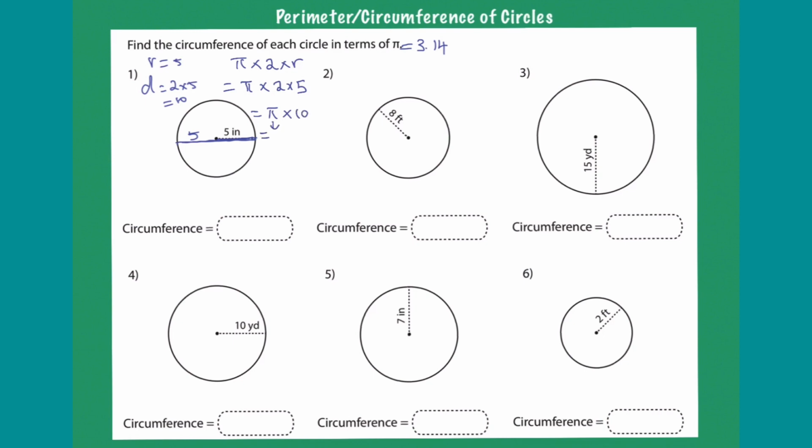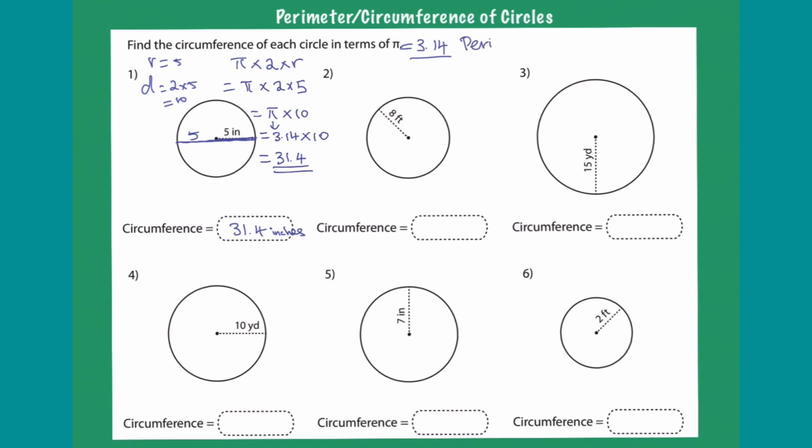Pi equals 3.14, so 3.14 times 10 gives me 31.4. So your final answer for the circumference is 31.4 inches.